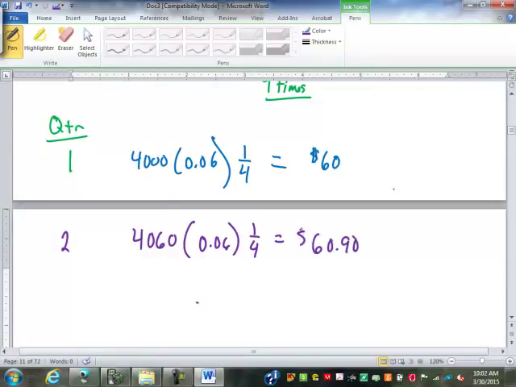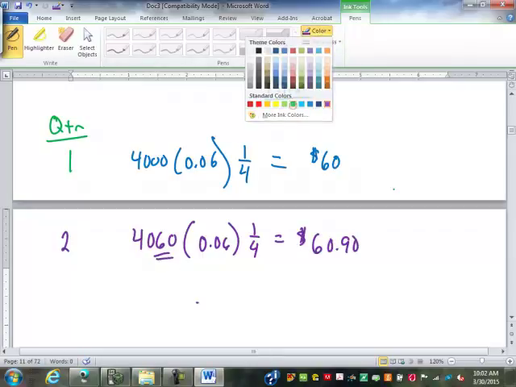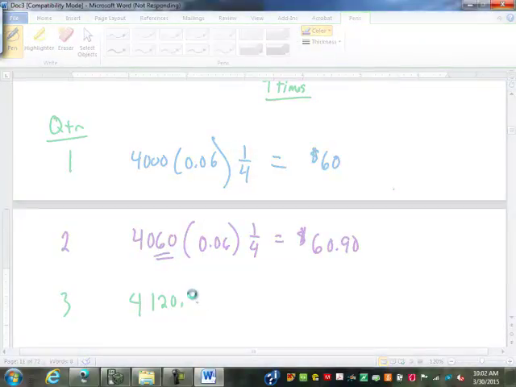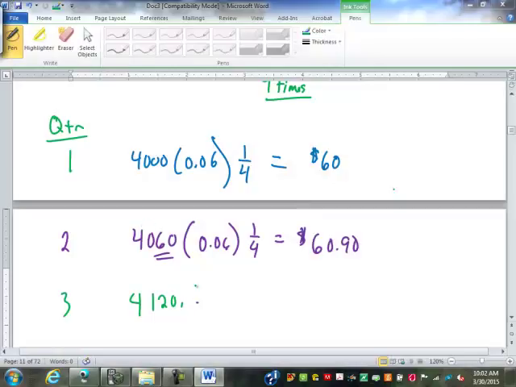Why is it more? It's because of the extra $60, so you got it. So if we add that on, it means we start quarter 3 with $4,120.90. Well, as we mentioned before, how many times do we have to do this to get through 3 years? 12 times. I don't want to do it 12 times.